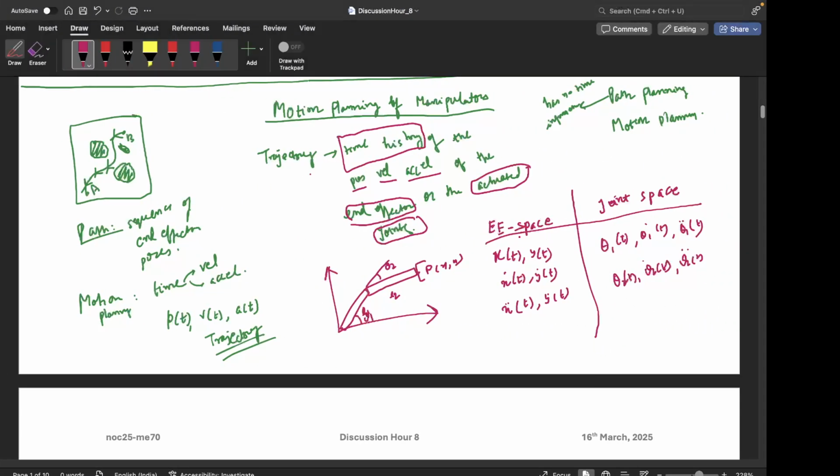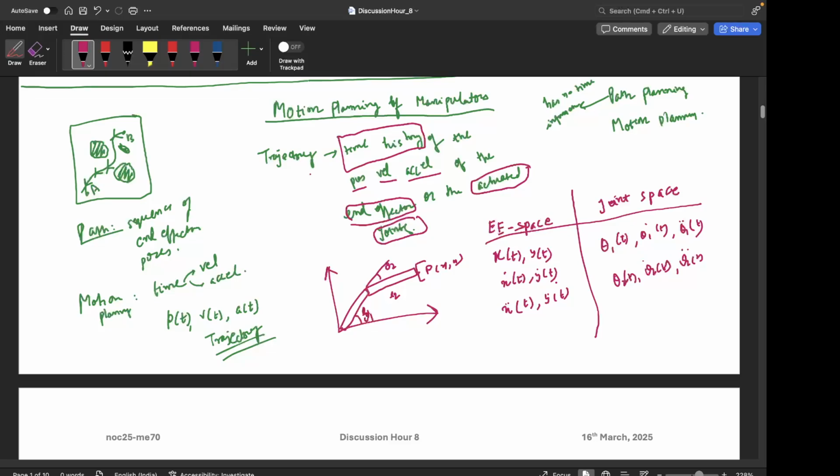So what we are trying to achieve here is that we are trying to describe the position, velocity, and acceleration of the end effector, or we are trying to specify the joint angles, joint velocities, and joint accelerations for each of the joints of the robot, right?